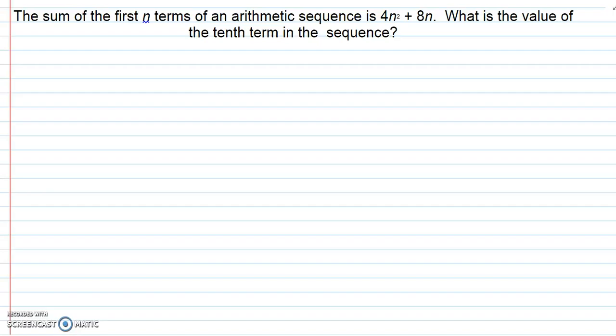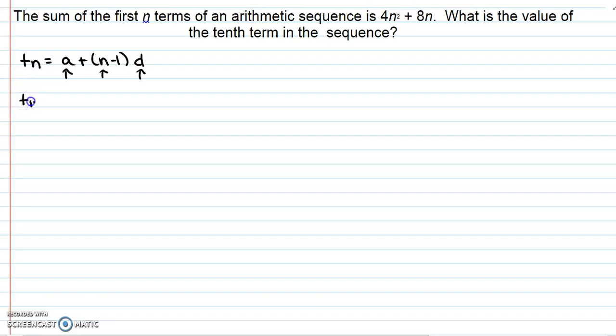So we know that Tn is equal to a plus (n minus 1)d, a being the first term, n being the number of terms, and d being the common difference. Right now we don't have very much information. However, we do know that we are trying to solve for the 10th term, so we can plug that in.